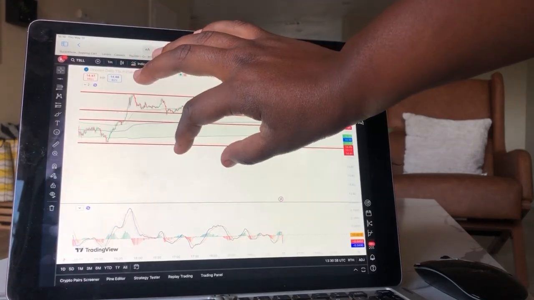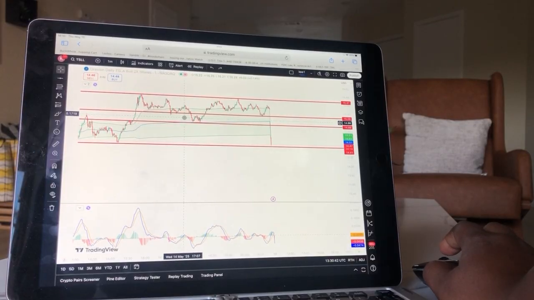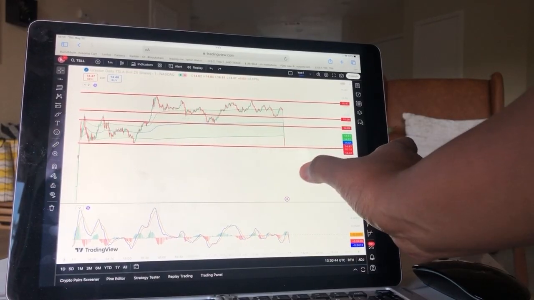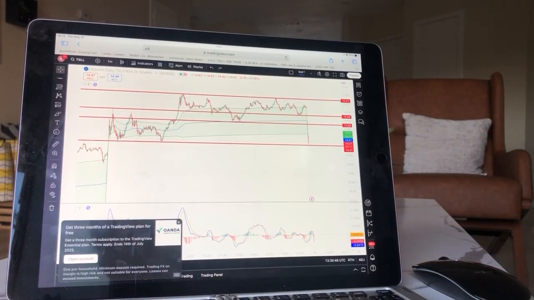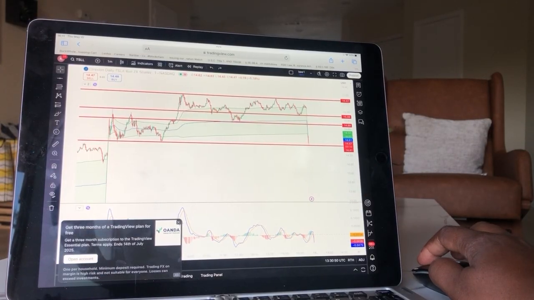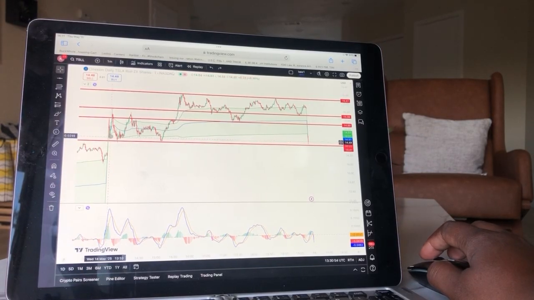Let's see if it breaks. There's support there. If it breaks this support, it could be going back to close this gap here.